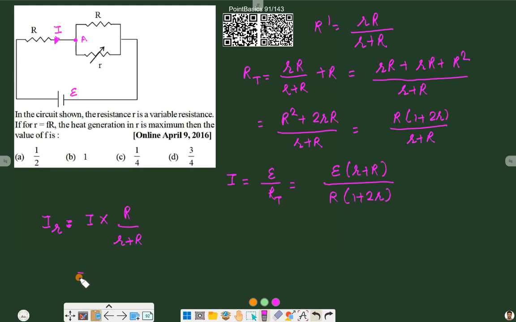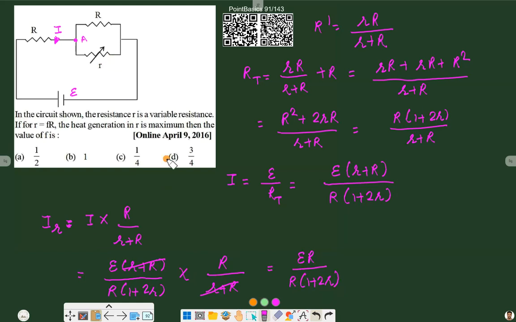Using this, the value of I is E upon R plus r divided by R1 plus 2R, multiplied by R divided by R plus r. Now R plus r gets cancelled and we are left with ER into R1 plus 2R. So this is the value of current flowing through this resistance.